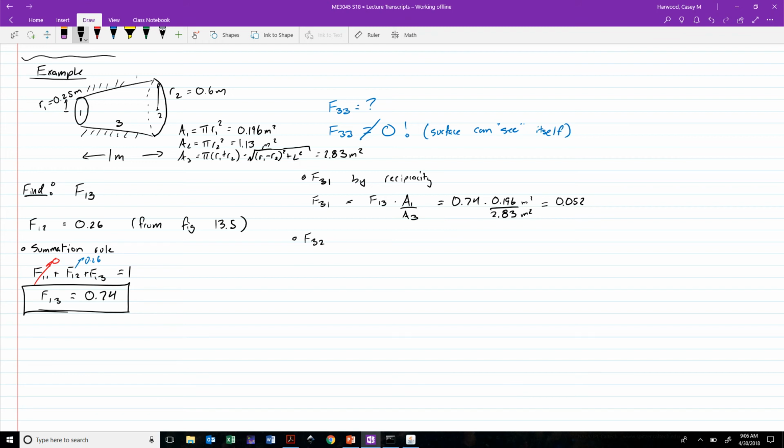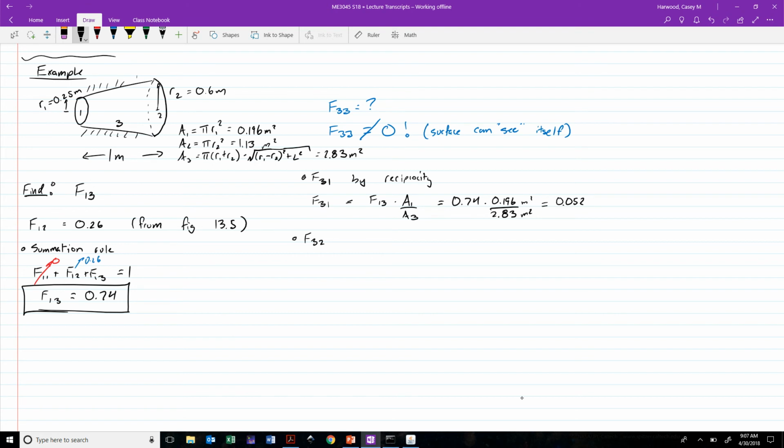Again, the idea here is if we wanted to mirror the process, right? So F32, ideally, we would get by the reciprocity relationship from F23. And F23, we could find pretty much the same way we found F13, right? Just make some sense.